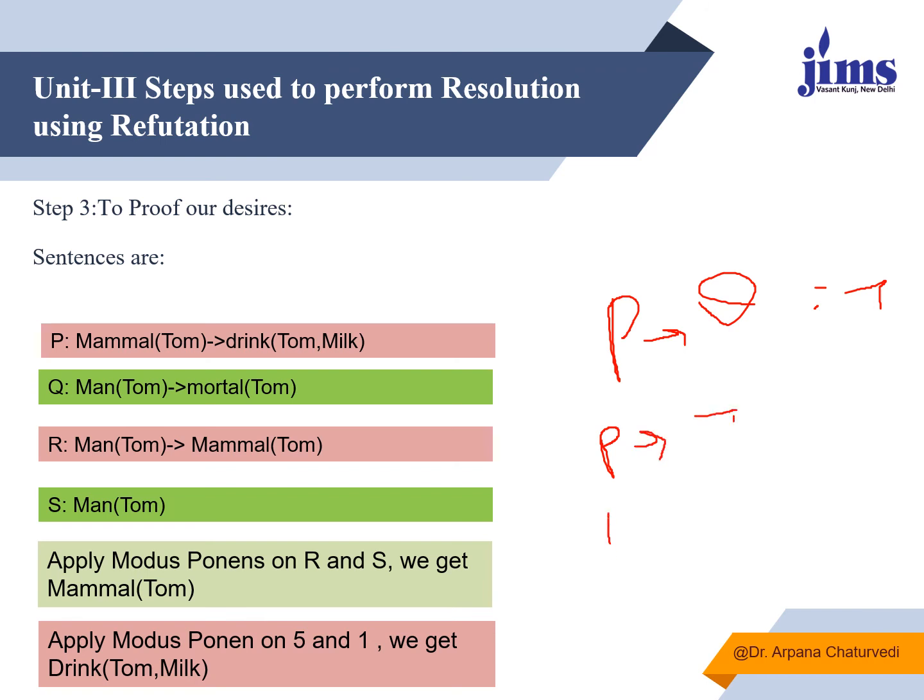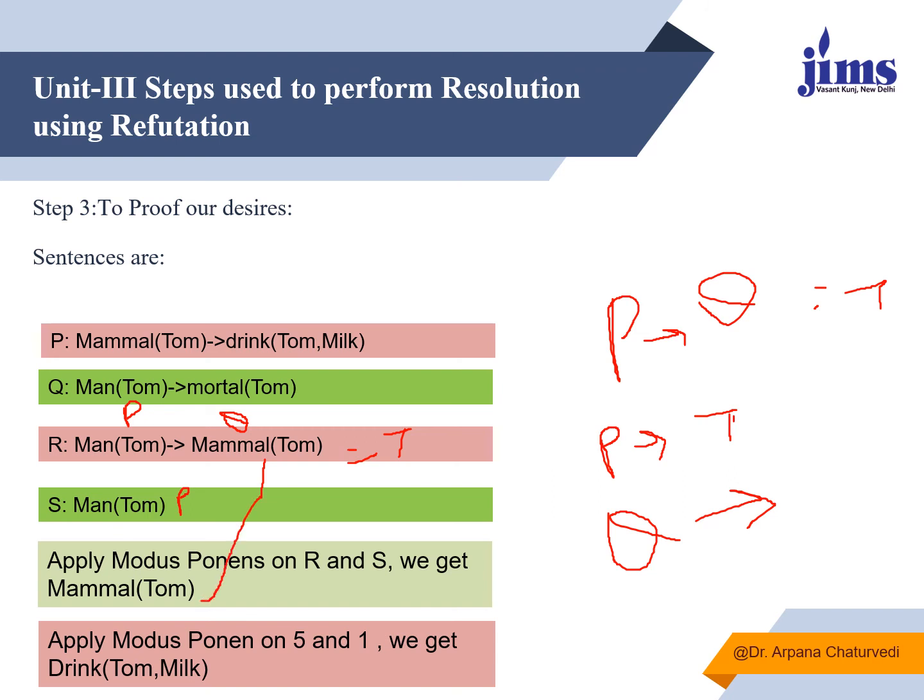This is the modus ponens rule. Fine. So if this is P and this is Q, and if it is true, and if P is also true, then definitely Q will also be true.